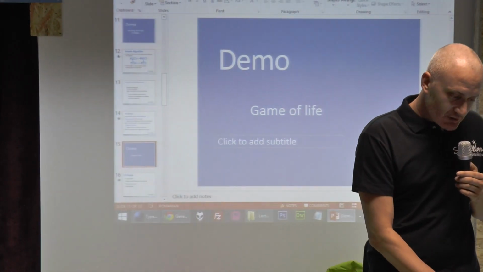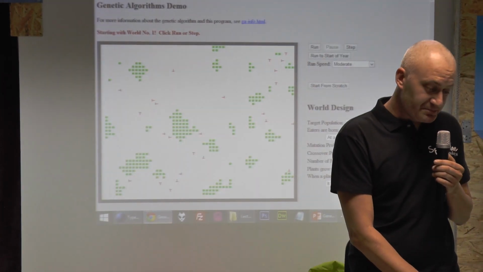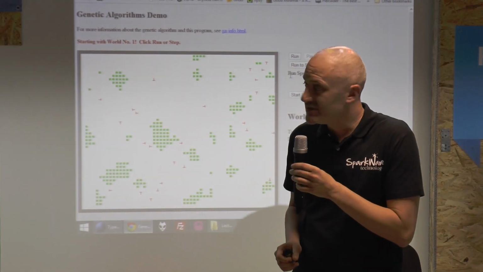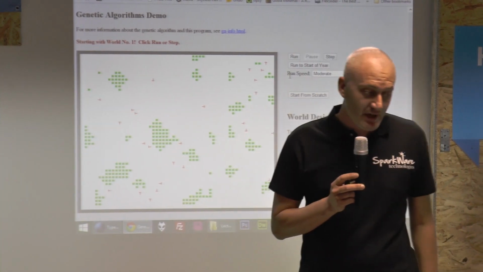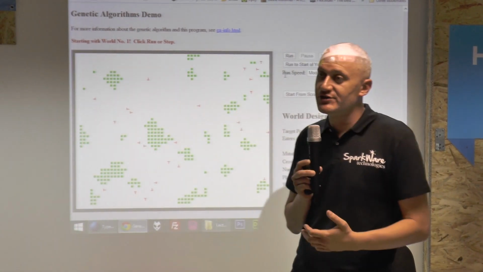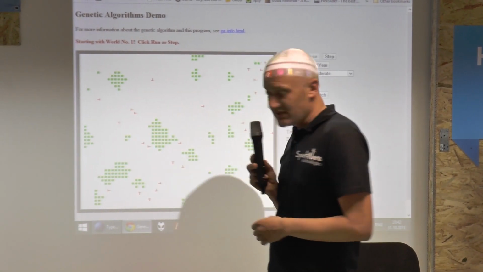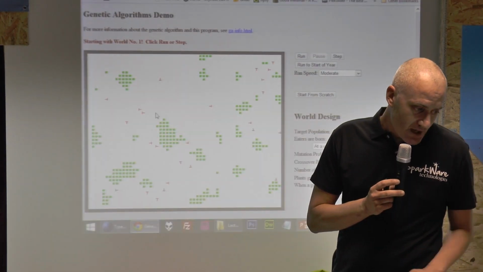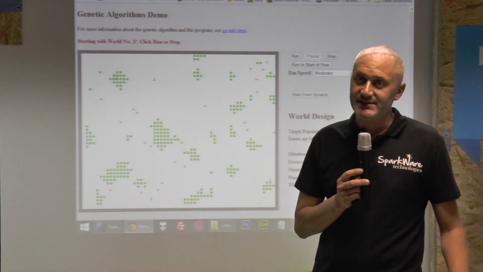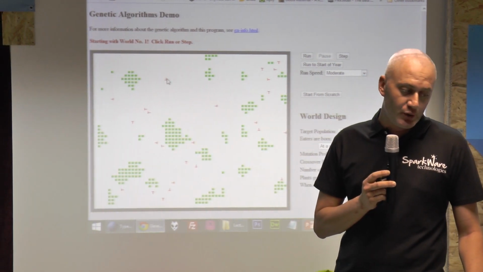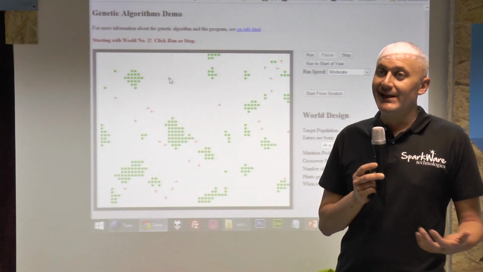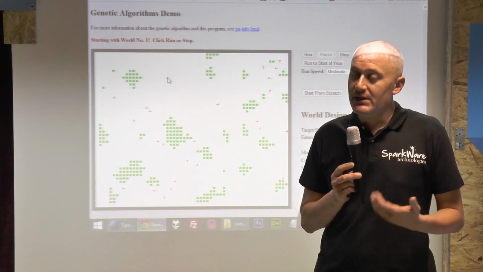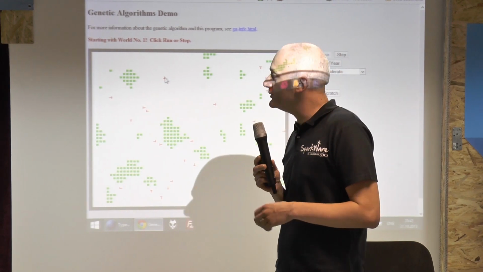To see it better, a simulation could be a little bit better. This is a simulation of a version of Game of Life. Each one of the green dots represents food. Each one of the blue lines represents an organism or human being or whatever, a person that seeks food.